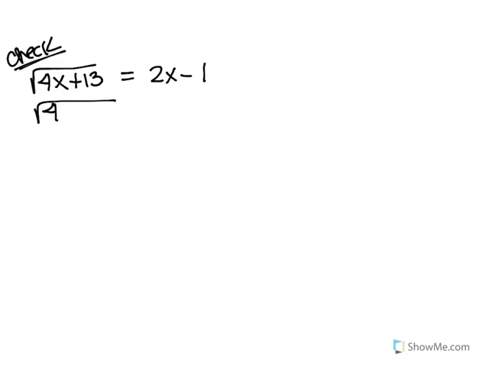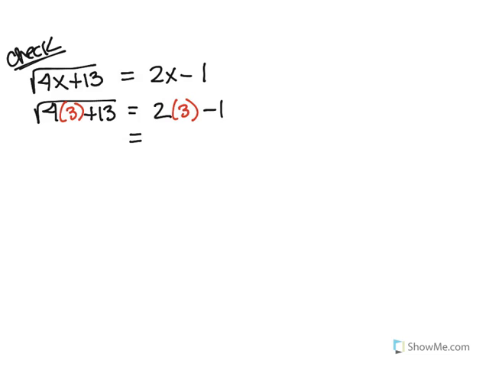So I have to go to the next screen to check because my handwriting is so big. If I was to check positive 3, you take it back to the original. And I'm just plugging that 3 in.